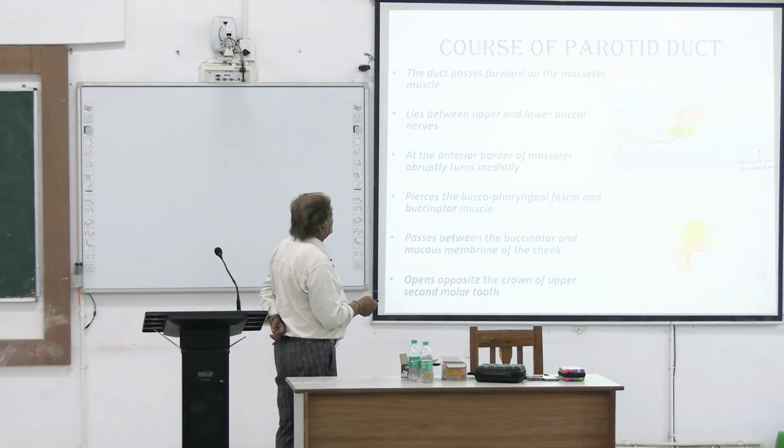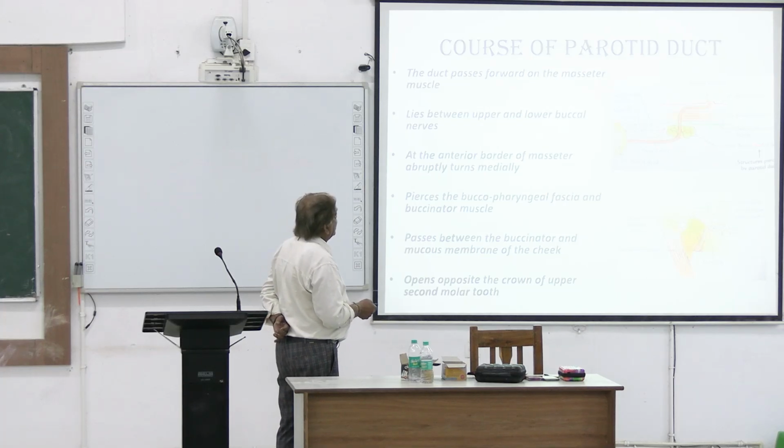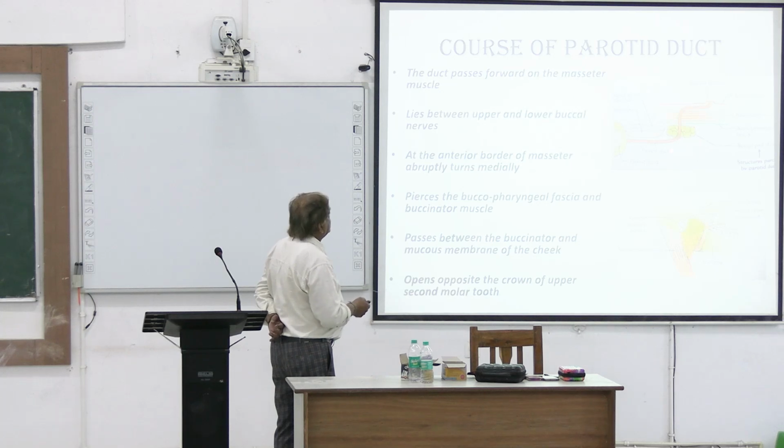This is the buccinator muscle. This is the masseter muscle. This is the parotid duct. Now it lies between the upper and lower buccal nerve. At the anterior border of the masseter, the buccal pad of fat is there. It abruptly turns medially. Suddenly turns medially, pierces the buccopharyngeal fascia.